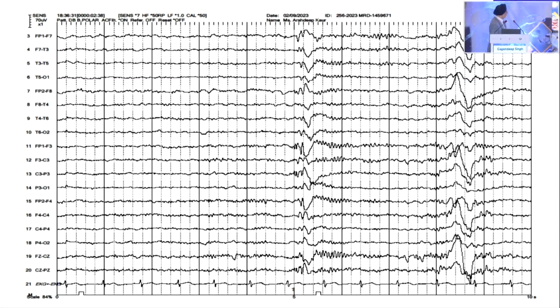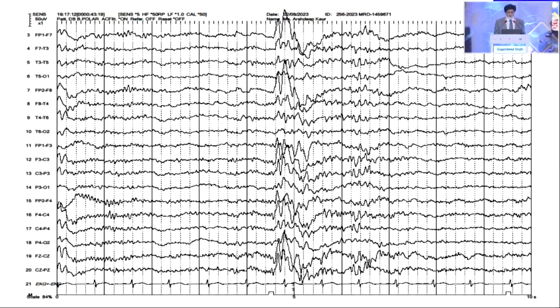And this is another EEG of the same person. You can see a K complex, but this looks a little suspicious. But then this is also a sharp wave, a slow wave, followed by spindle-like activity. So the question is, is this a K complex or is this epileptiform?